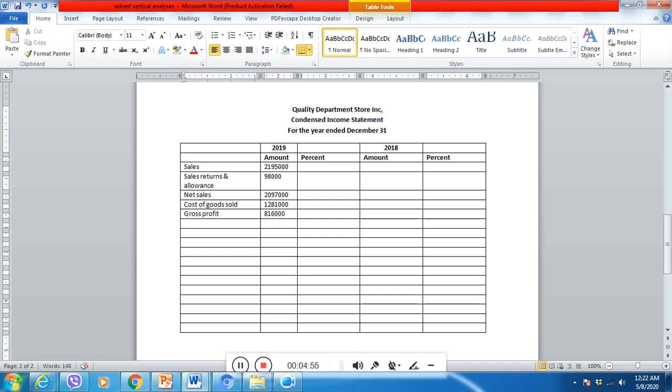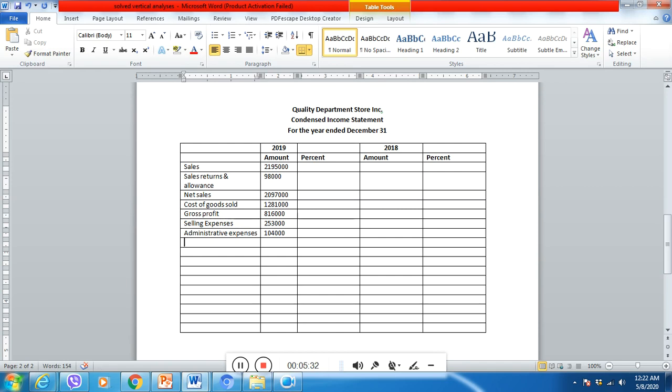Then after that, selling expenses, and the value of selling expenses is 253,000. Then administrative expenses, 104,000.